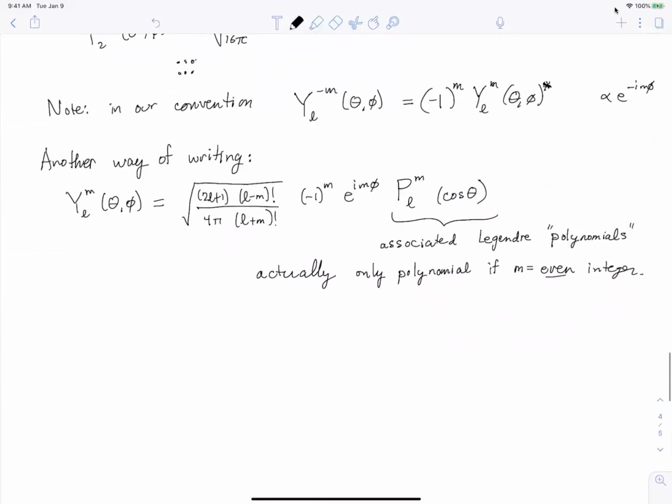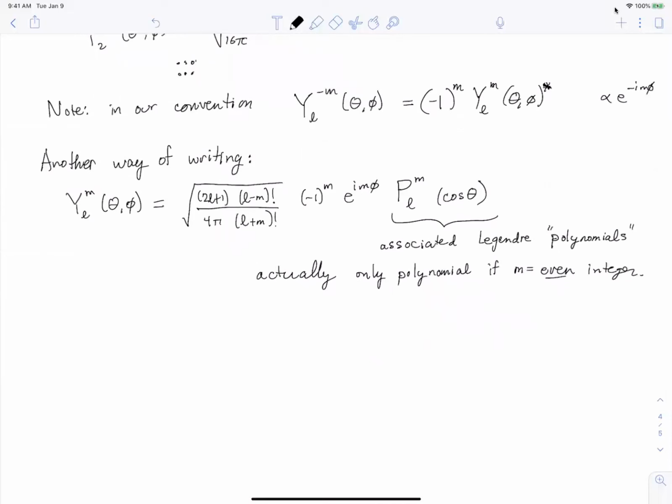Okay, so what are those things? They're the solution to a differential equation. P_L^m, instead of cosine theta, I'm just going to write it as u.